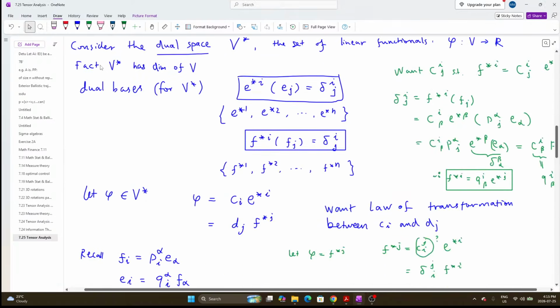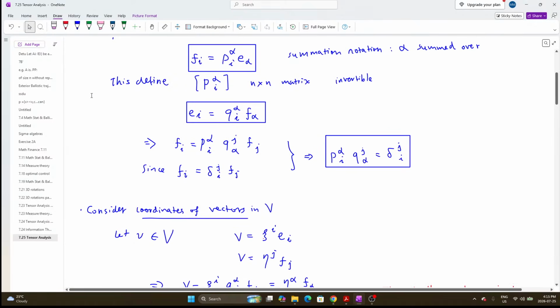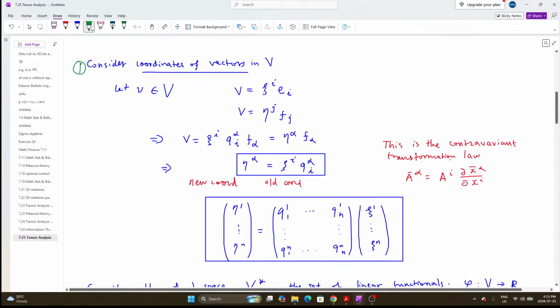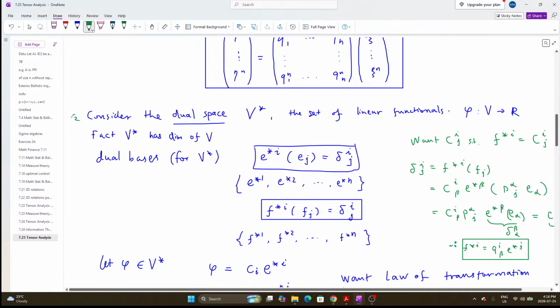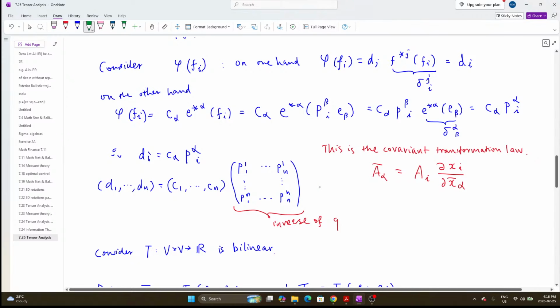I gave four examples. How do vector components transform? How do the components of linear functionals transform? How do components of a bilinear form transform? Let me label these examples. Example 1 leads to the transformation law for the contravariant vectors. Example 2, the dual basis, leads to the transformation law of covariant vectors.